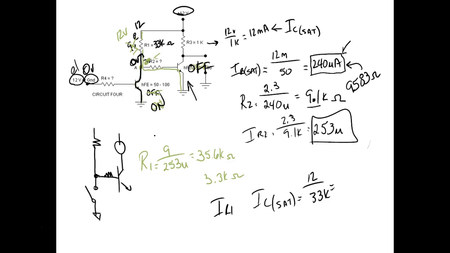So we're going to say R4, but we're going to have to size R4 to allow enough base current to saturate the transistor. You understand? So we know this base current right here, I mean, this current over here to saturate it. What's required to saturate it over here? 12 divided by 33K, guys.